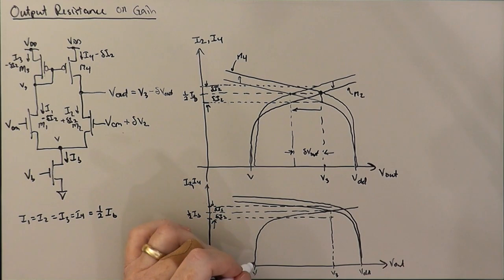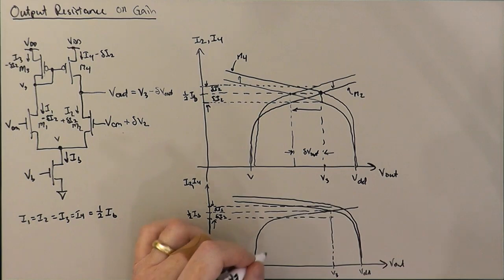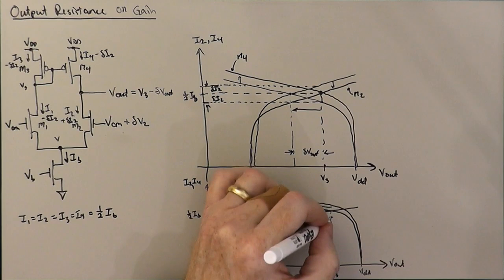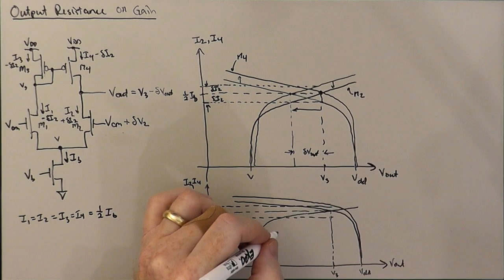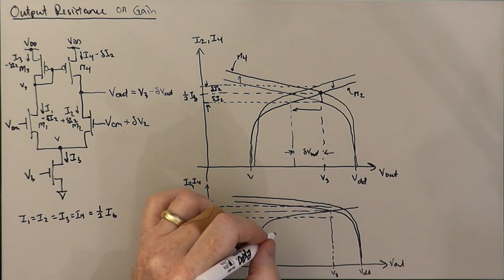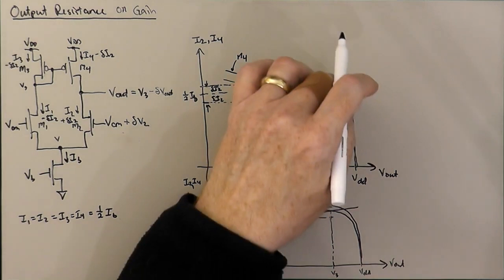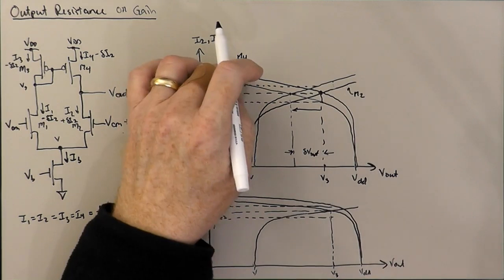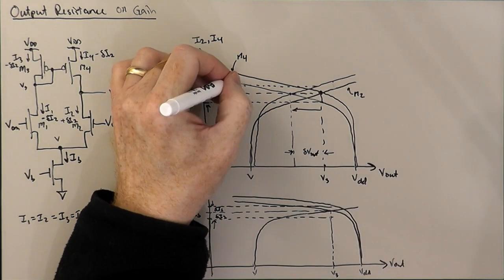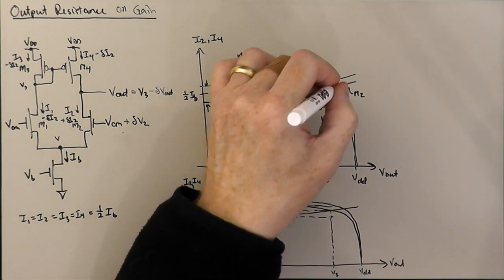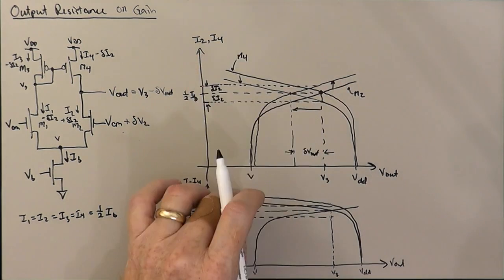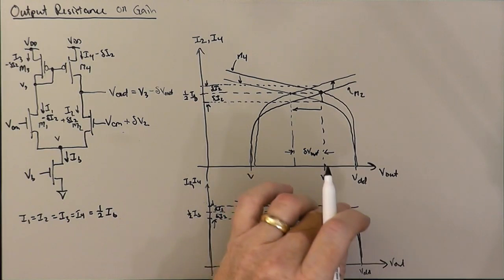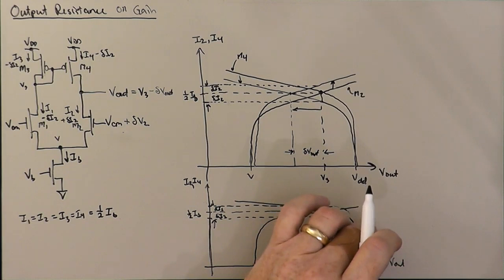We're going to make M2's current, I'm sorry, these arrows go the wrong way. So we made M4 go down and M2 go up. Let's try that again.